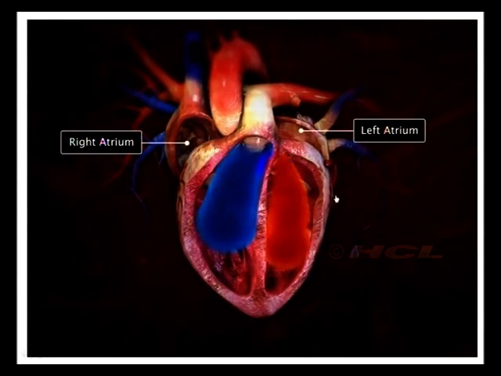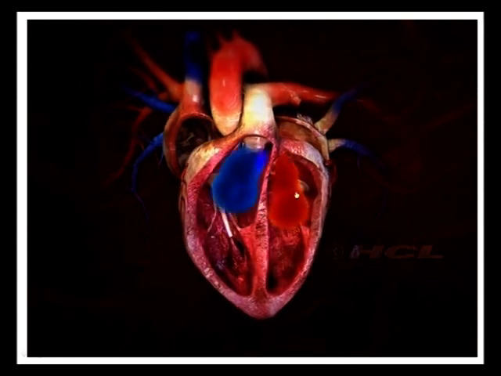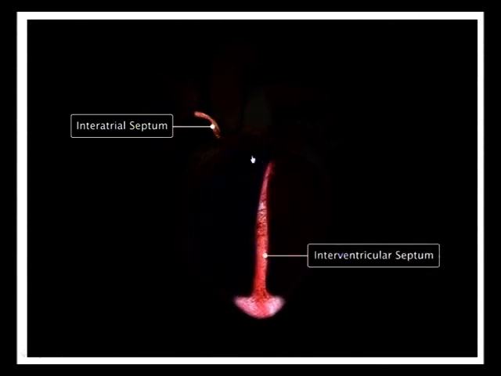Here, these are the valves. This is the septum. This is the interatrial septum which divides the both atria. And this is the interventricular septum which divides the both ventricles.